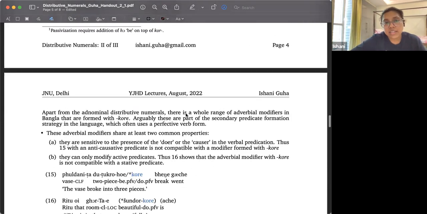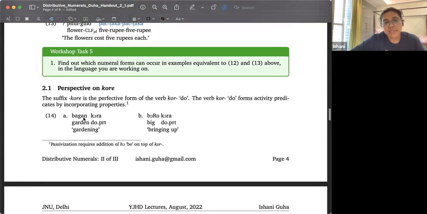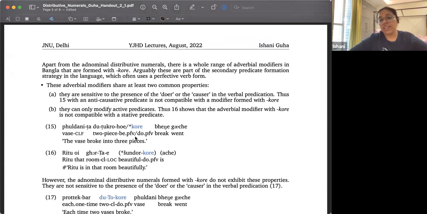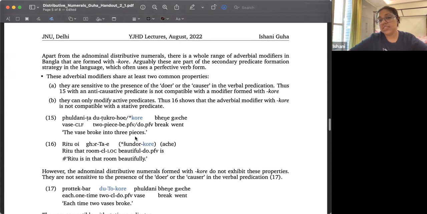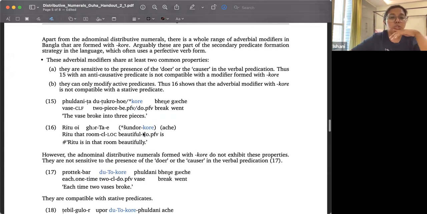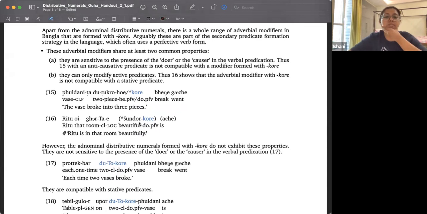And here too, if you want to form a passive, in the examples in 14, you have to add "be" on core, right? So core cannot go without a causer or a doer, an agent. Whereas if it is not there, in the case of adverbials, it cannot be used at all. And this holds for both resultatives and other manner modifiers, like 16.